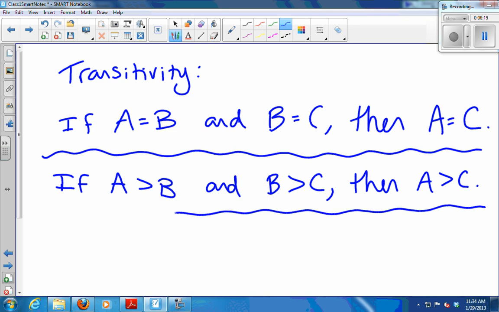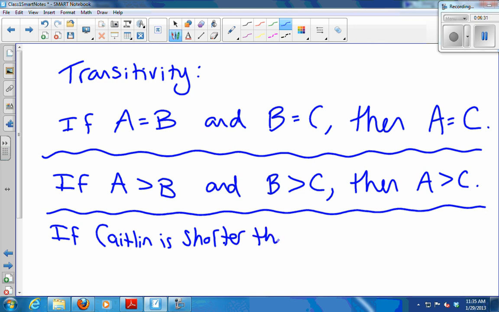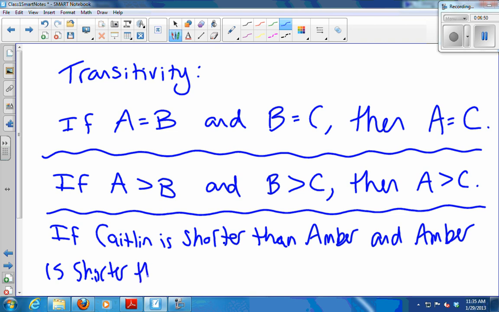I could do sort of a less mathematical example. I could say if Caitlin is shorter than, what's your name? Amber. And Amber is shorter than, who's taller than Amber?